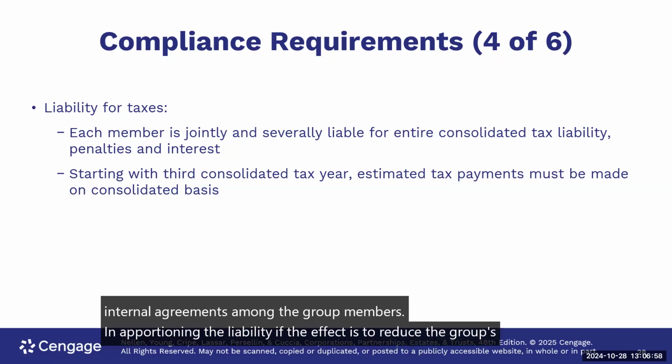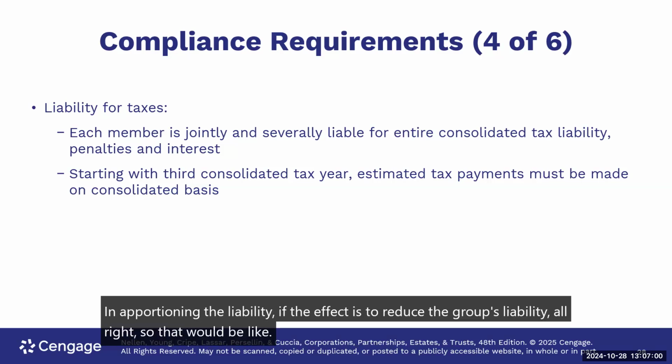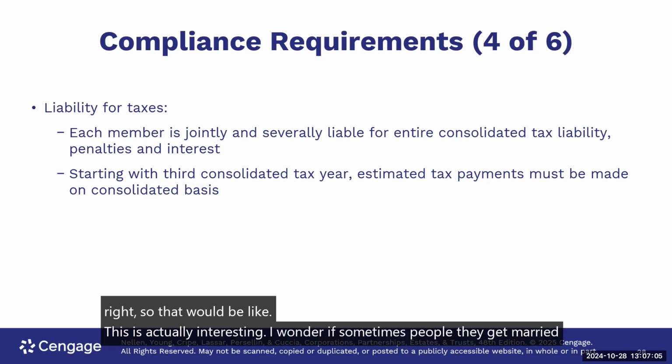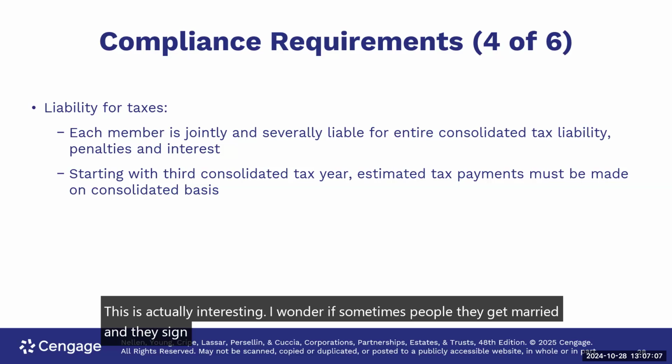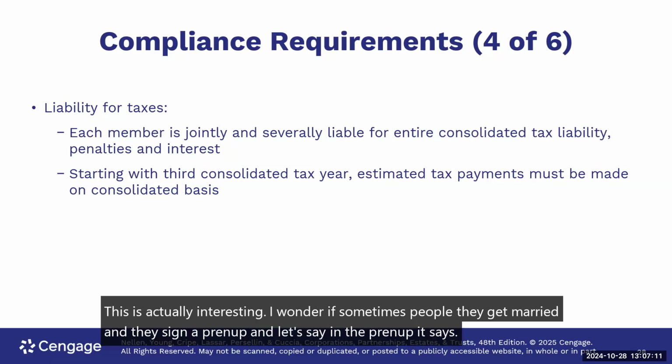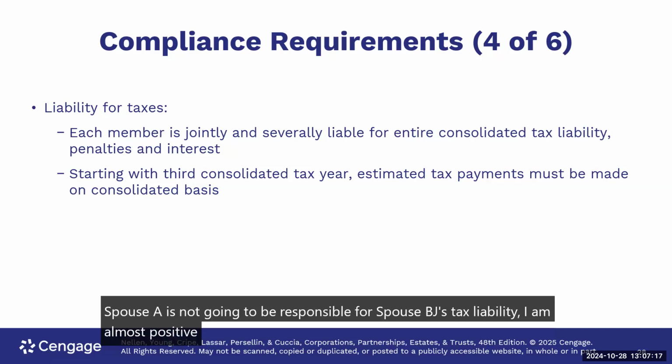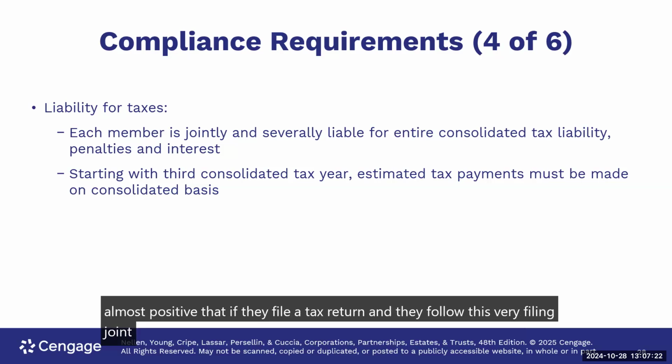This is actually interesting. I wonder if sometimes people get married and sign a prenup, and let's say the prenup says spouse A is not going to be responsible for spouse B's tax liability. I am almost positive that if they file a tax return as married filing joint, that part of the prenup is going to be null and void.